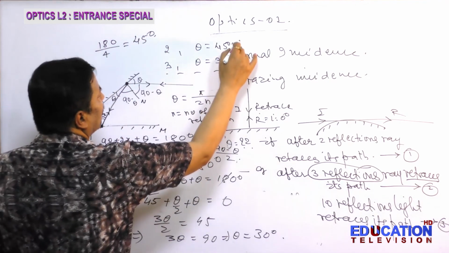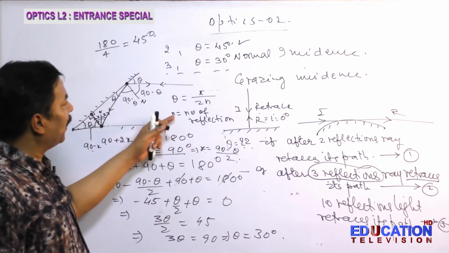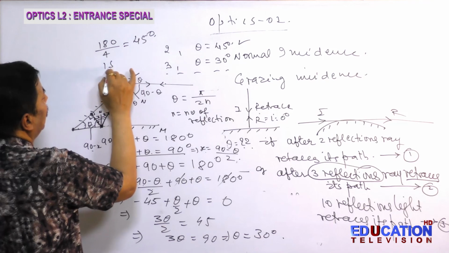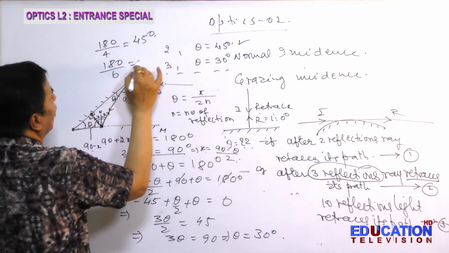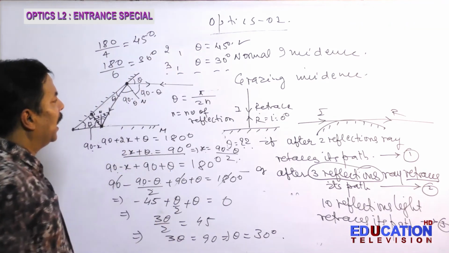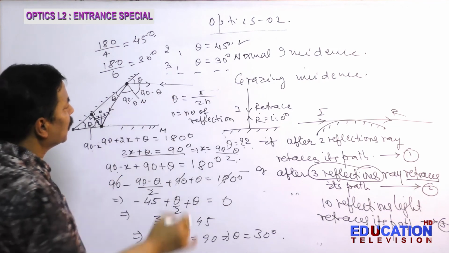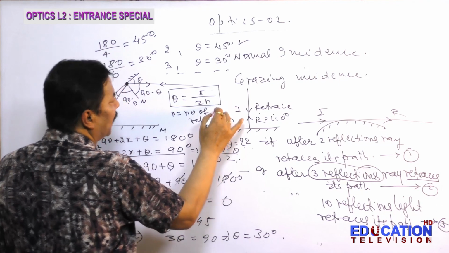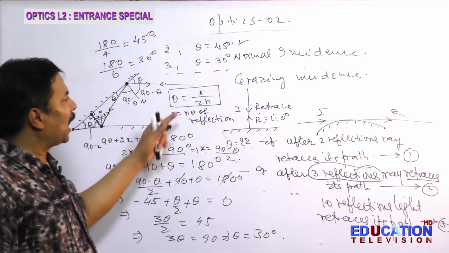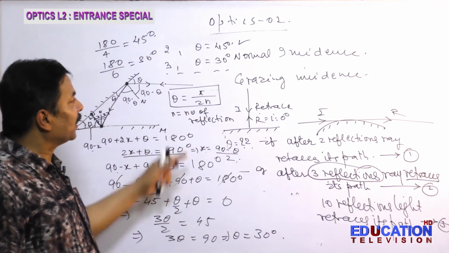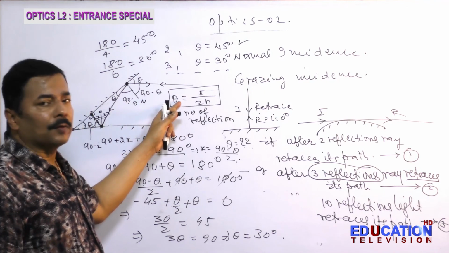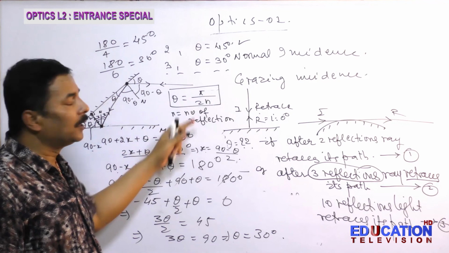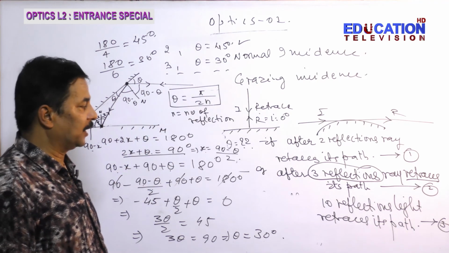We have got this as the answer for 2 reflections. If n is equal to 3, we get 180 by 6, that is 30 degree. Similarly, you can continue this. So this formula is important. You have to remember this formula and understand it very carefully: theta, the angle between the mirrors, is 180 degree by 2n, where n represents the number of reflections.